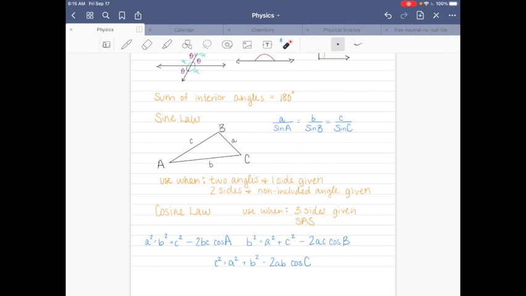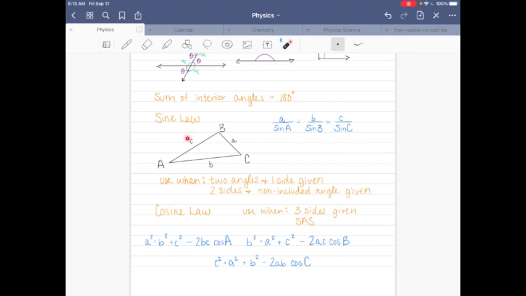Okay, so we use the sine law when we are given two angles and one given side. So if I was given angle B and angle A, and I had side B, I could use my sine law. Or if I'm given two sides and a non-included angle.